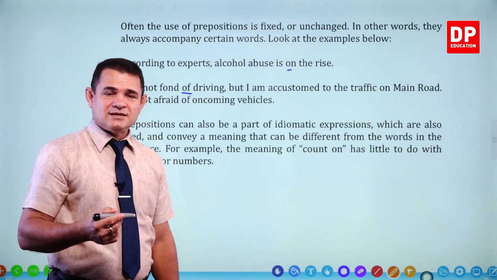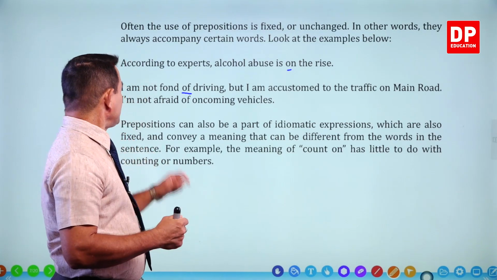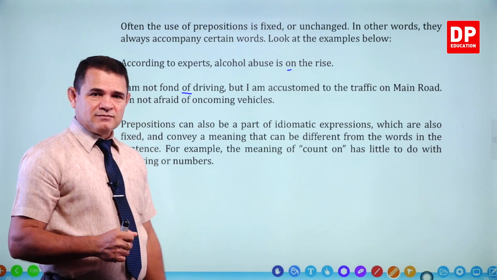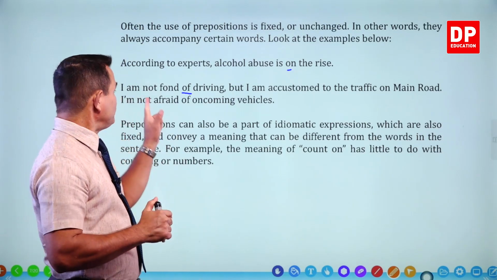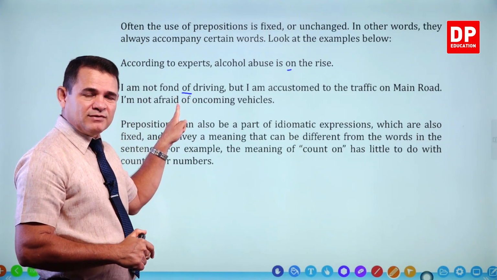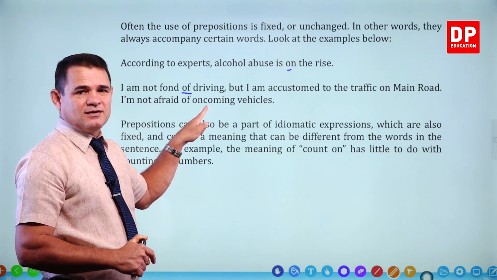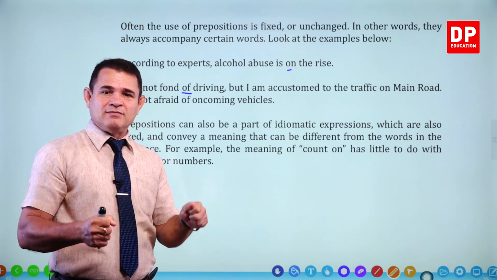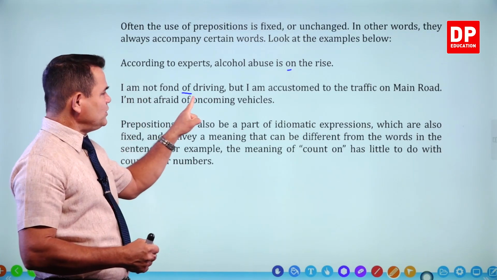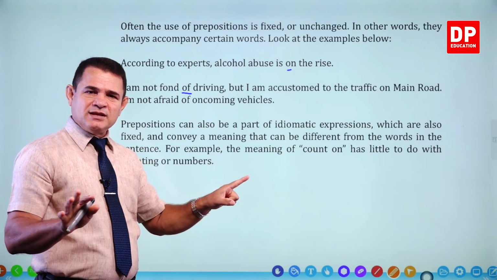It means like. කැමති. I'm not fond of driving. මං driving වලට එච්චර කැමති නෑ. Remember the use fond of. Fond කියන වචනෙත් එක්ක of වෙනවා. Fond of. I'm fond of driving. මං driving වලට කැමතියි. I am not fond of driving. මං driving වලට කැමති නෑ.